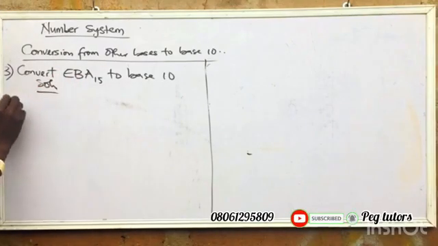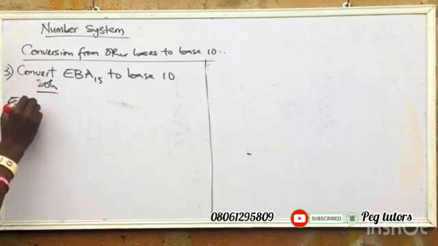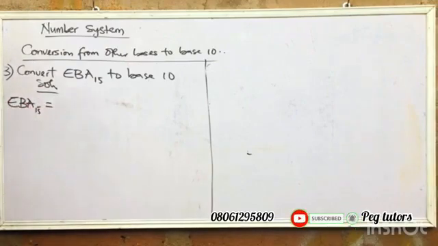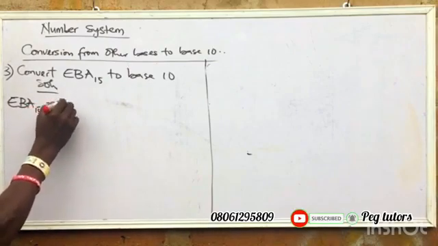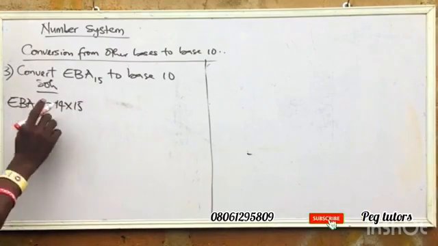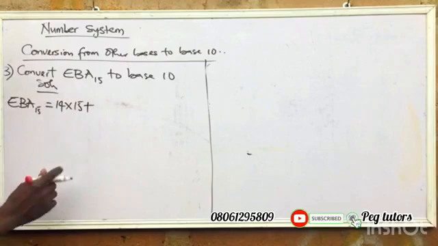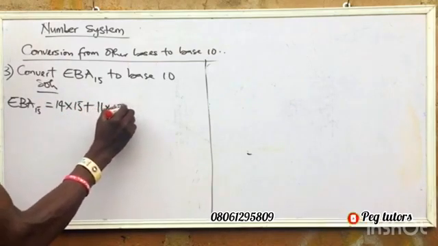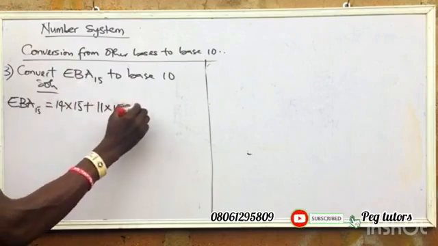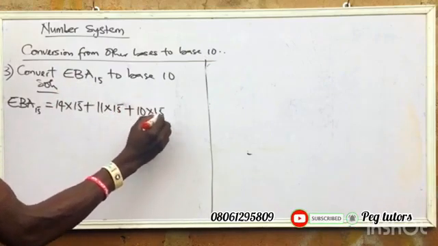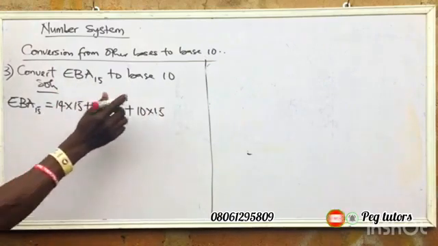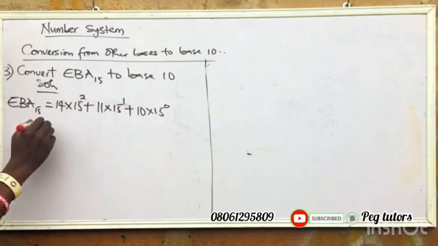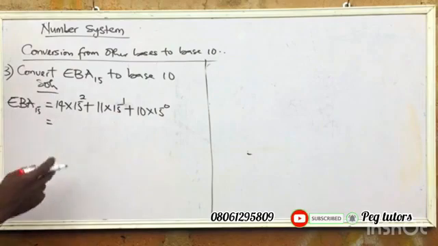Solution: EBA base 15 is equal to, remember E is 14, so we have 14 times 15, which is the base, plus B is 11, don't forget that, so 11 times 15 again, then plus A is 10, so 10 times 15 as well. Don't forget to raise your powers: 0, 1, and 2.